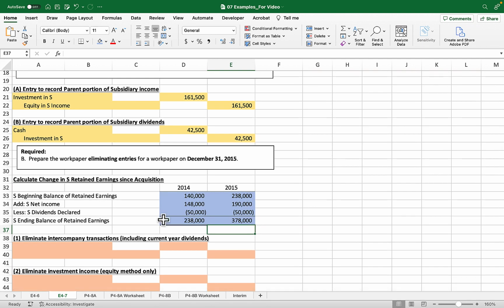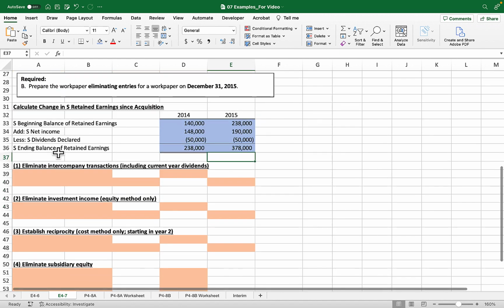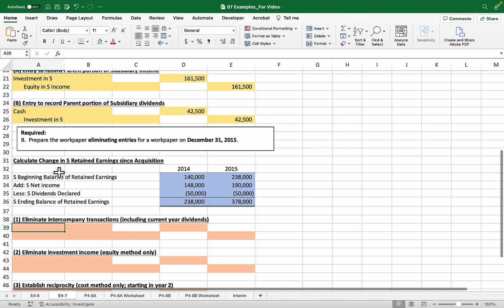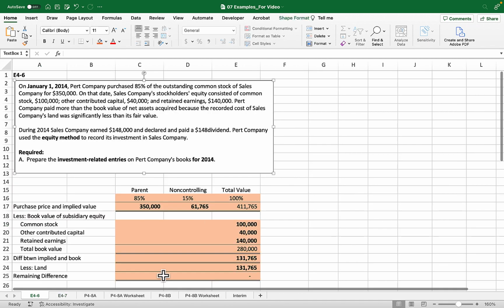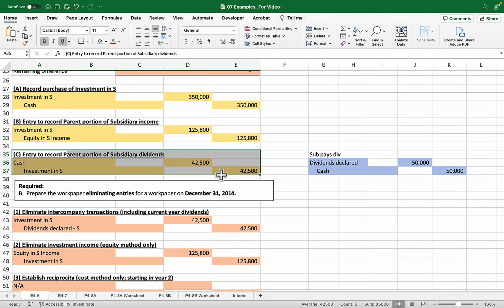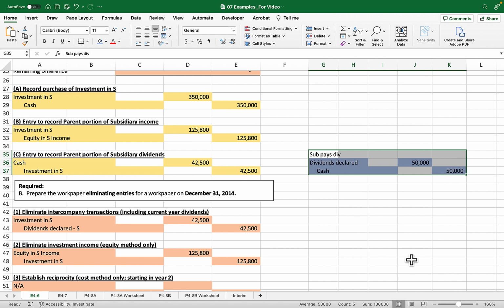Okay, so now we're just going to work through our eliminating entry steps. The first one is to eliminate any intercompany transactions, including any current year dividends. So as we talked about last example, if you go down here, we had the recording of dividends last year, and we showed what that looks like on the parent side, and we showed what it looks like on the subsidiary side.